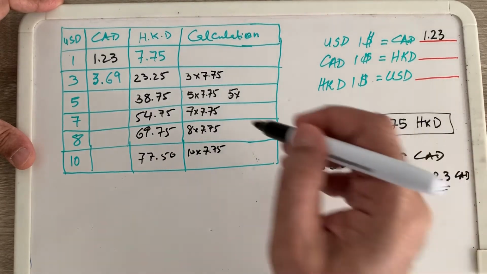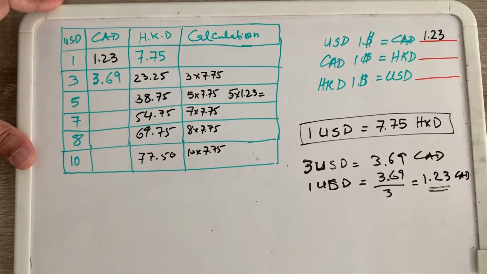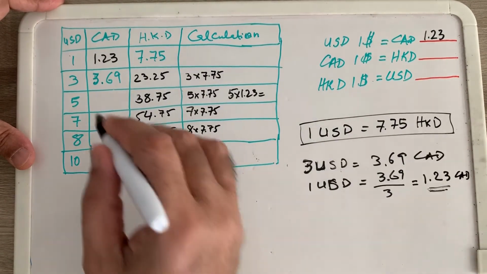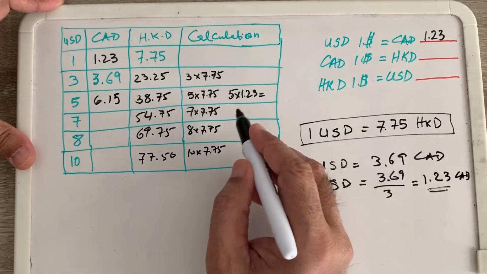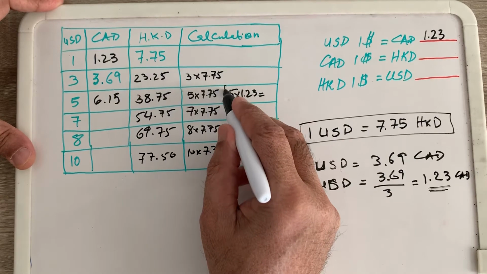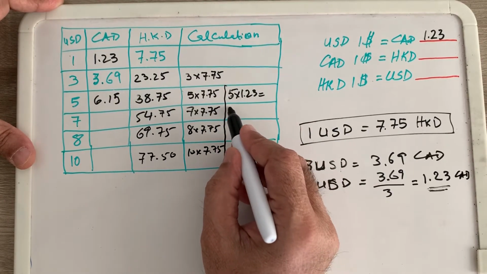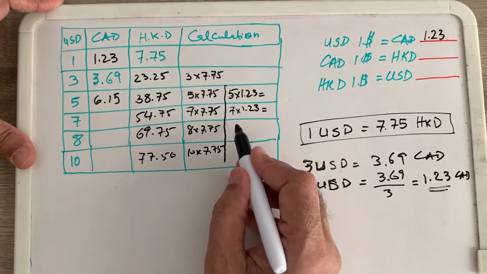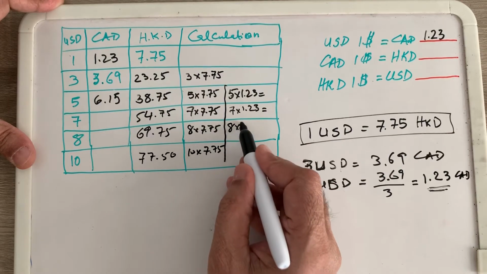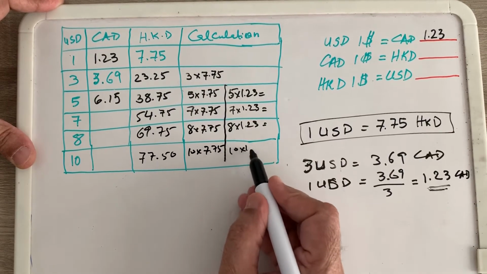So 5 times 1.23 is equal to 6.15, right? So now you have the multiplying factor, and you can do these calculations like this. I will be doing 7 times 1.23, and then 8 times 1.23, and then 10 times 1.23.